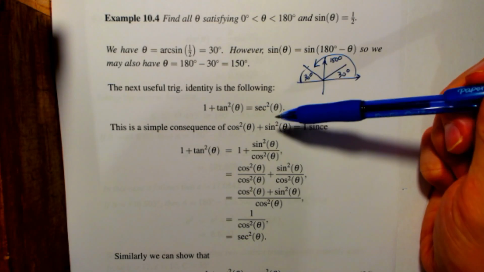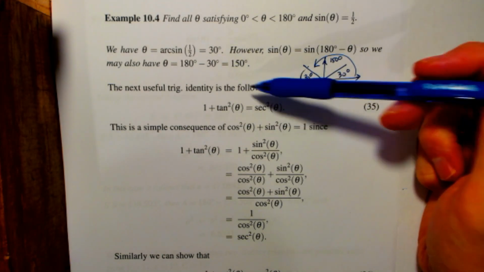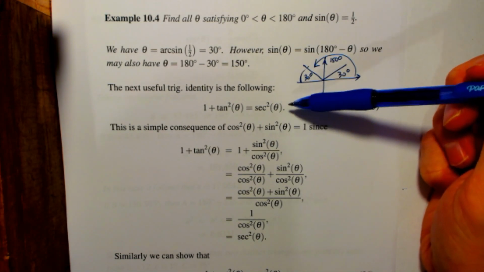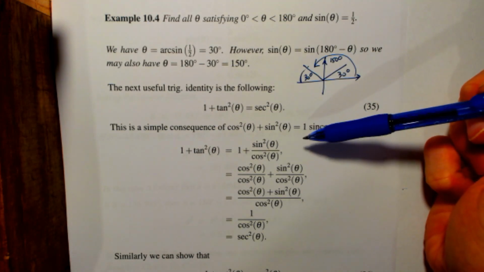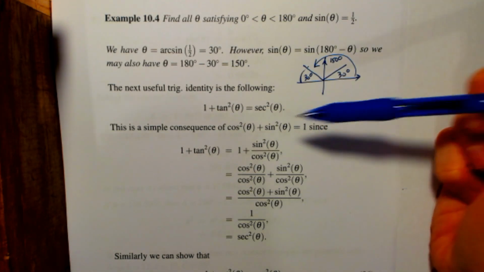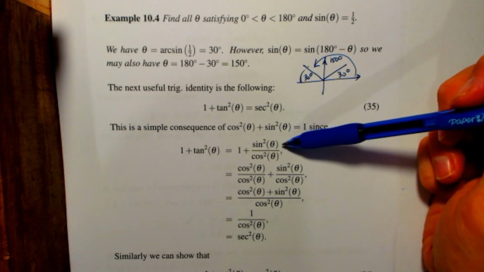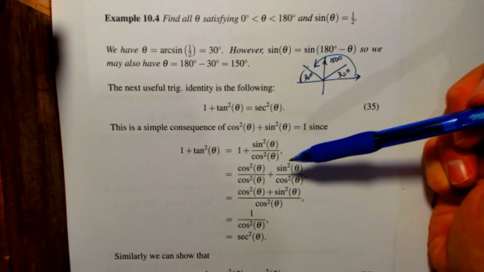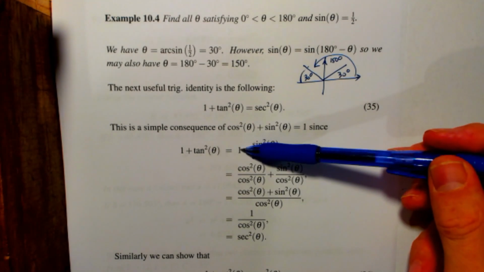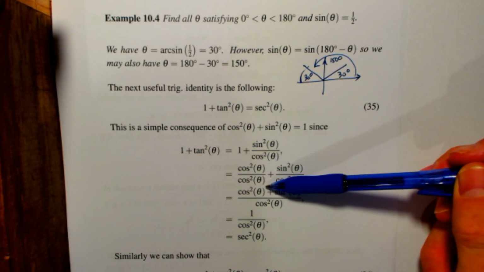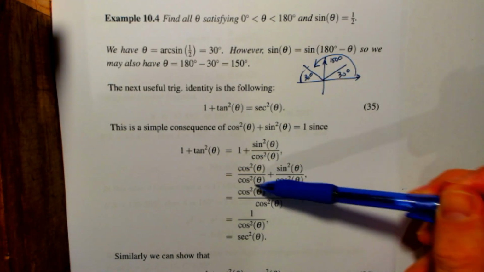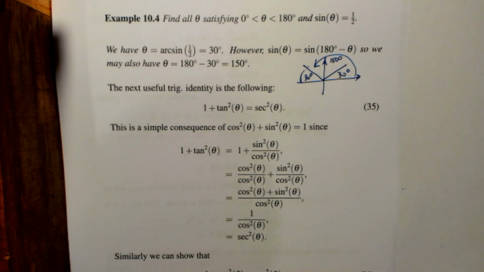Okay, next another useful identity is the following: 1 plus tan squared theta is sec squared theta, but this comes from cos squared theta plus sine squared theta equals 1. Since 1 plus tan squared theta is 1 plus sine squared theta over cos squared theta, we're just squaring sine over cos. Now if we represent 1 as cos squared theta over cos squared theta, then we have the same denominators, so we can add the numerators and place that over the same vinculum.